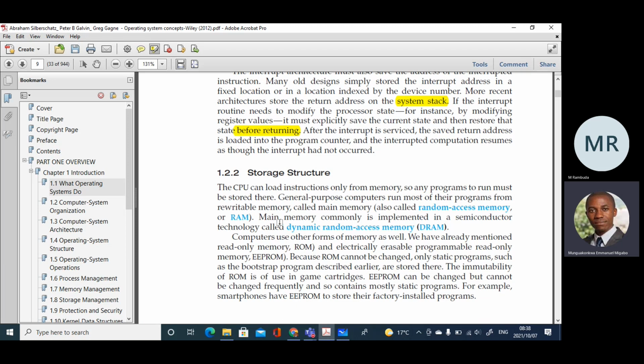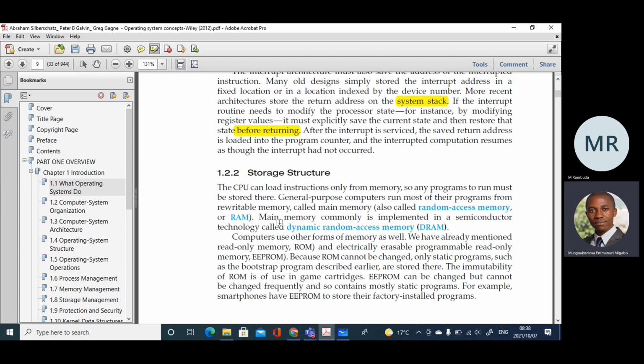For example, smartphones have EEPROM to store their factory installed programs. Remember, in the case of mobile computer systems, besides operating system, application programs and system programs, we normally have what we call the middleware, and the middleware is the programs that are there to provide additional support to any running application layer programs.